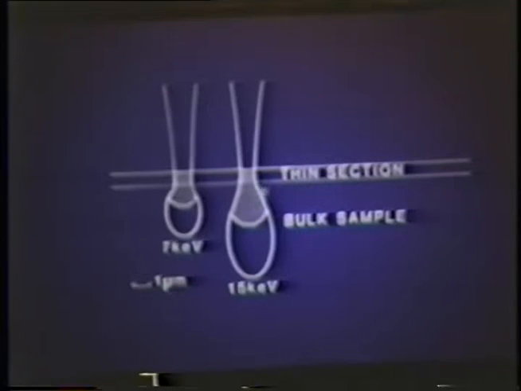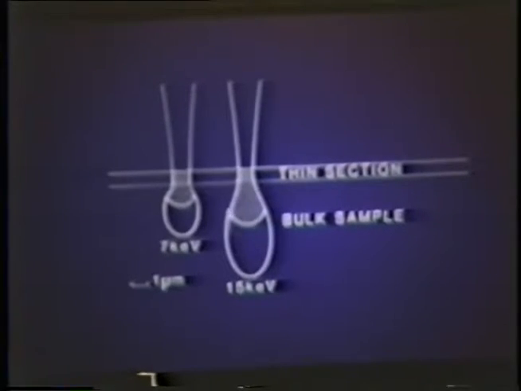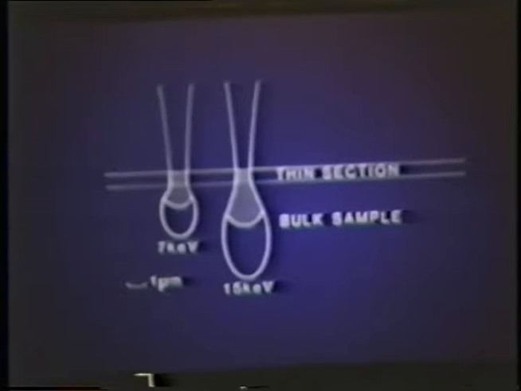A ballpark figure, say in a bulk sample, we may lose as much as 50% of the X-rays that are generated. Only 50% of them actually make it out and are detected by the system. Now, in thin sections, most of the electrons go through the section without loss of energy.